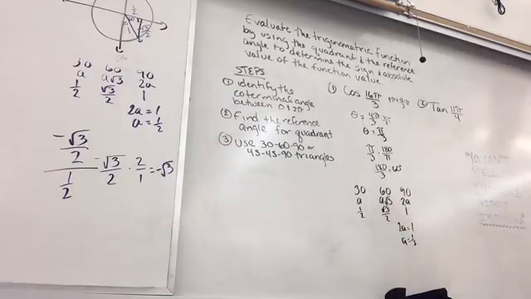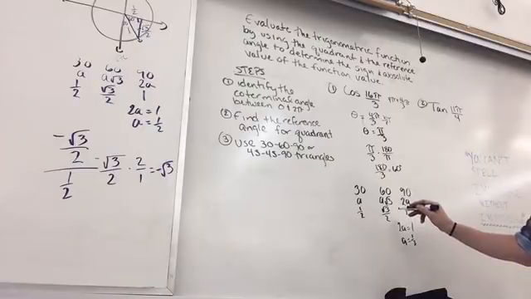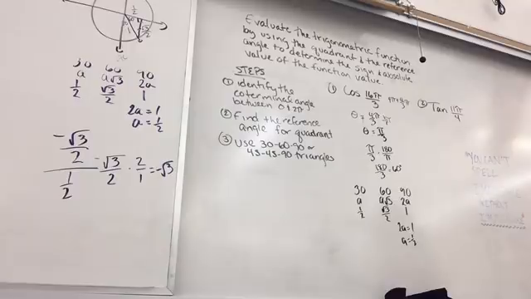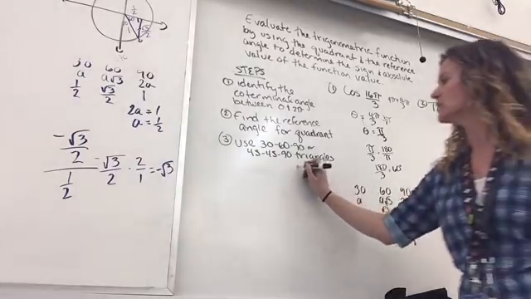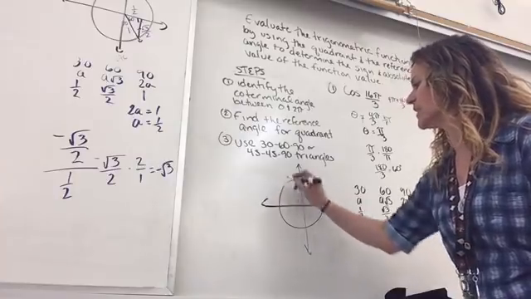So my reference angle is 60. We want the cosine. So the cosine is going to be the adjacent side divided by the hypotenuse. So this is in quadrant 3, and we're going to draw it, just so you guys get this idea.